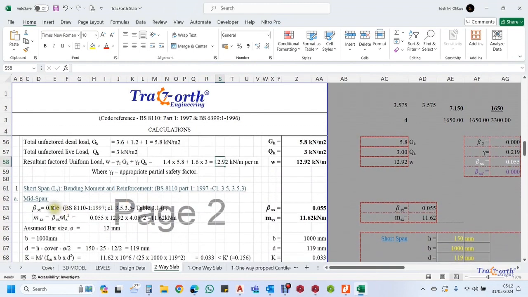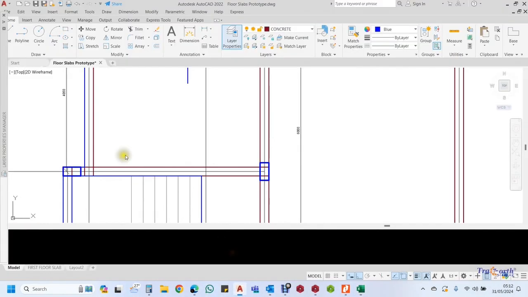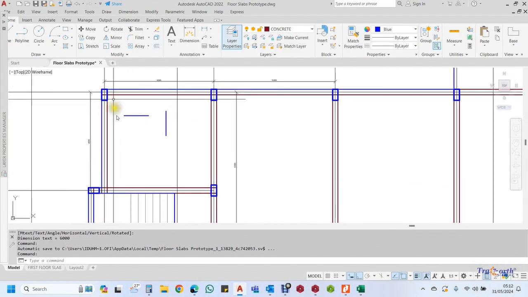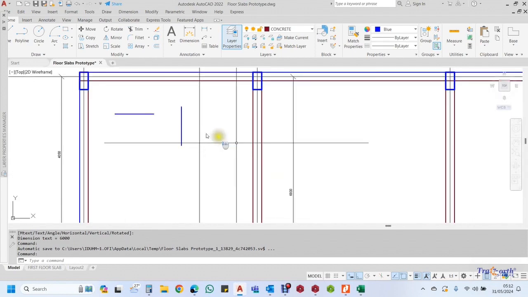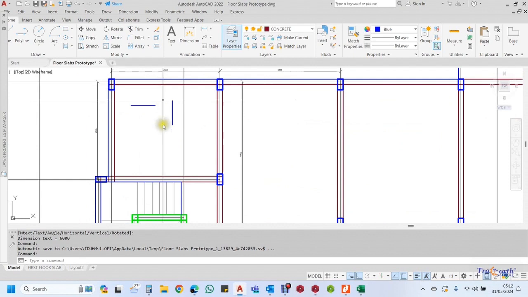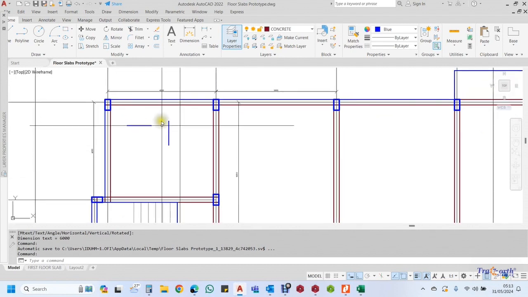So the next thing we are now going to go into, because it's a two-way slab, meaning we have to consider the short span, that is the span between here and here, between E and D. You must consider the span. Calculate the bending moment, the maximum bending moment, which you now use for your design in the short direction.